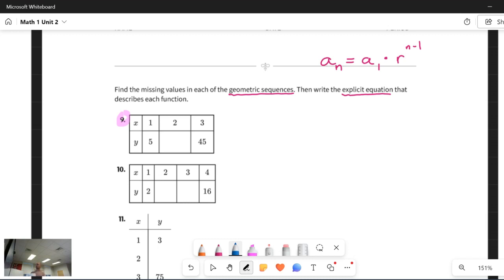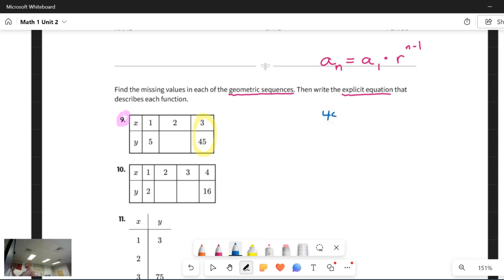But when we're given another term where we know both the x and y, what we're going to do is take the y value. So let me change our color here real quick. We're going to take these pieces here, and we're going to call those our n value, or x in this case, and then our y is 45, which is our a of n. So we're going to plug into this equation.